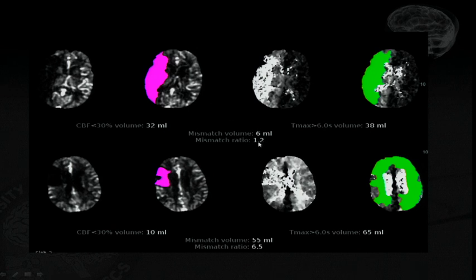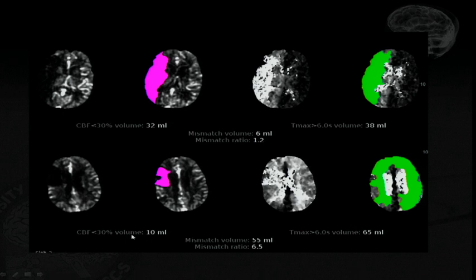Mismatch ratio 1.2, so it doesn't fit the parameters. Salvageable tissue 6 cc, so it doesn't fit the more than 15 cc. And the core is less than 70 here, but still it has to fit all three parameters, okay? So core less than 70, mismatch 1.8, and more than 15 cc of salvageable tissue.